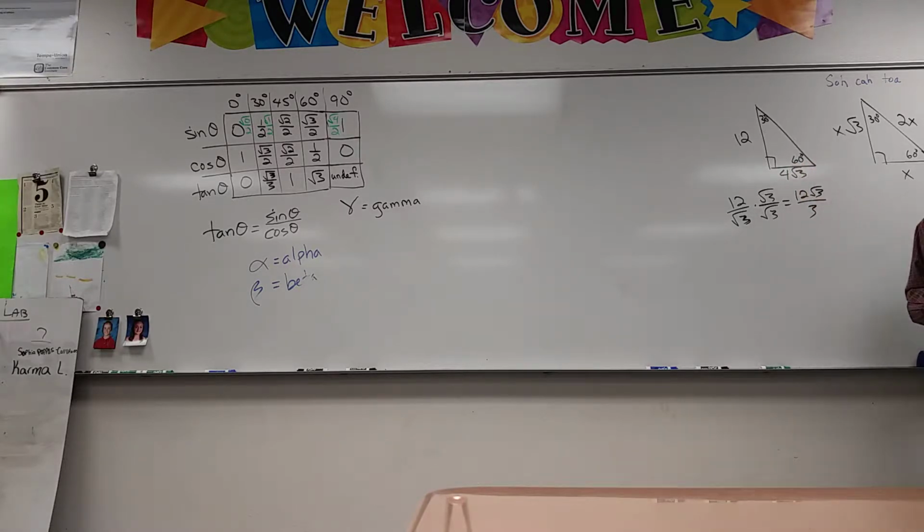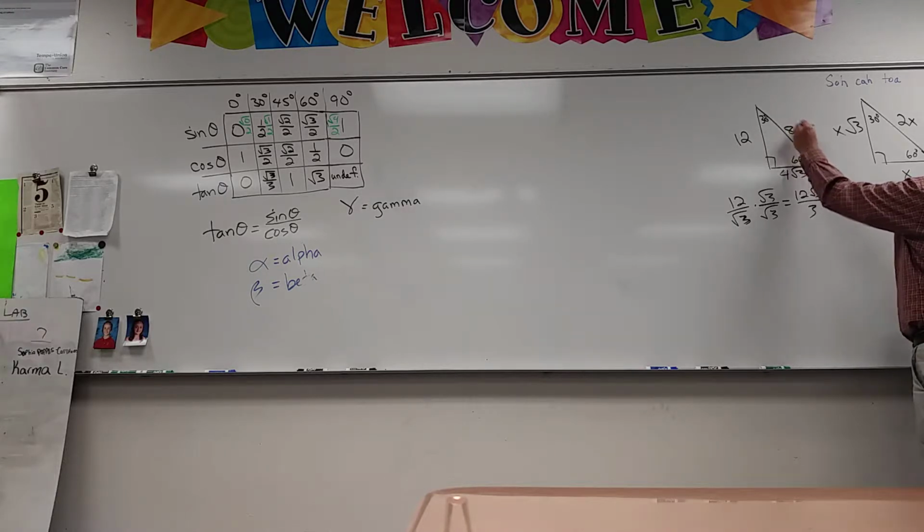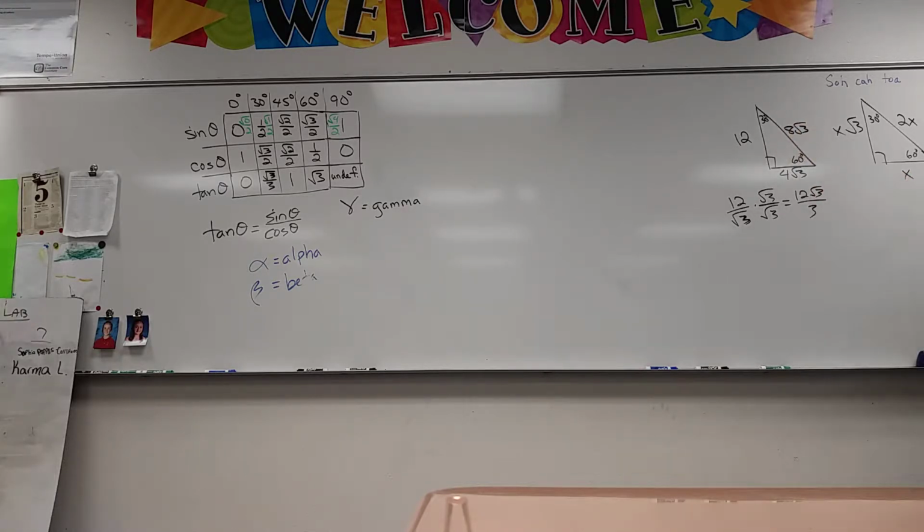Does that make any sense? So divide by root 3. If we have those two, how do we get that one? Multiply by 2. Yeah, since this is x, that's 2x, we just take the shorter leg and multiply it by 2, which would give us 8 root 3. You got it. Okay. Next.